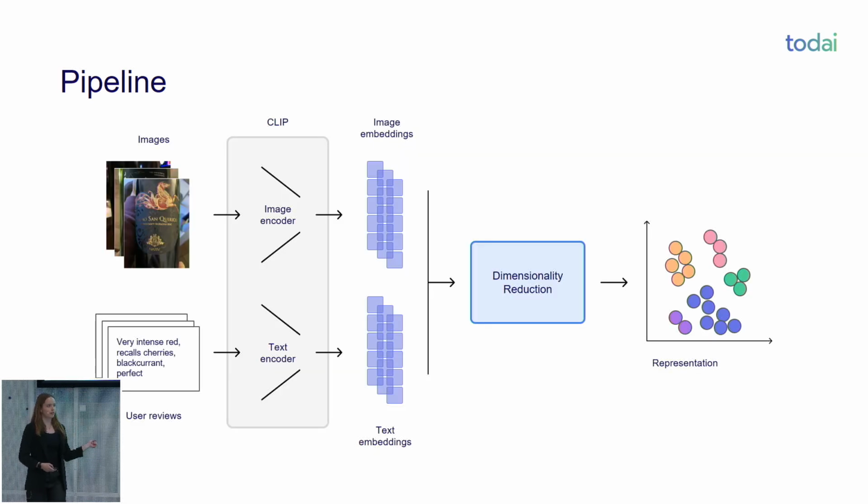We fed the images and the user reviews into the multimodal text image model CLIP that then yielded image embeddings and text embeddings aligned in the same space. We applied dimensionality reduction and fusion to get them into a unified representation.